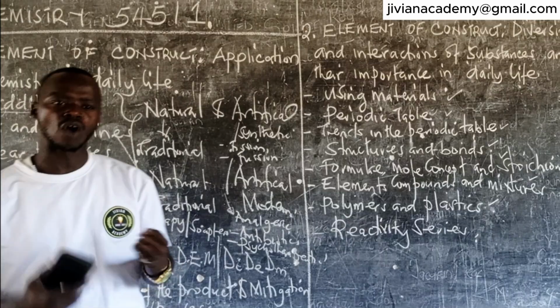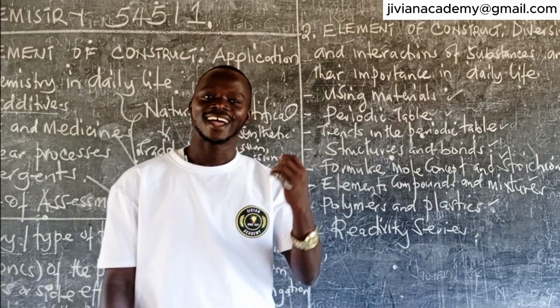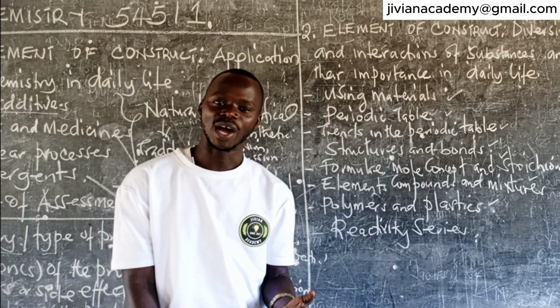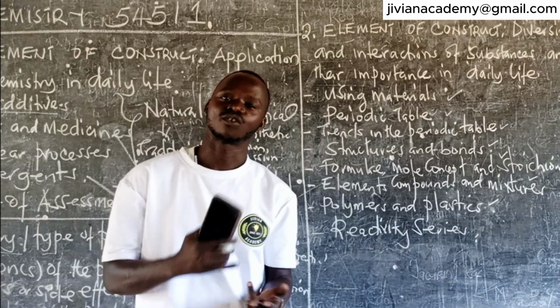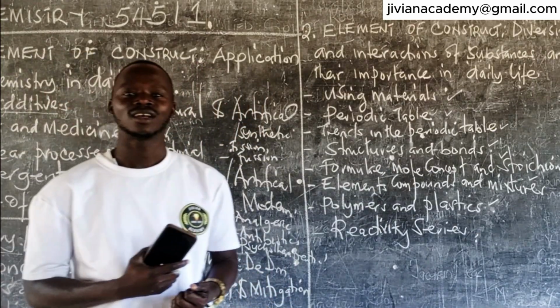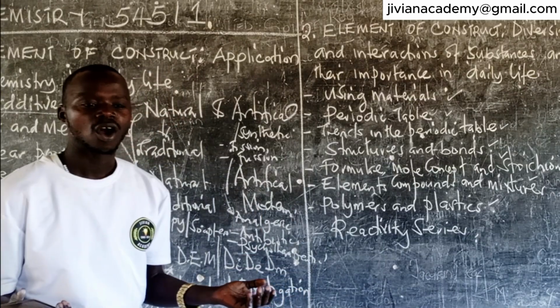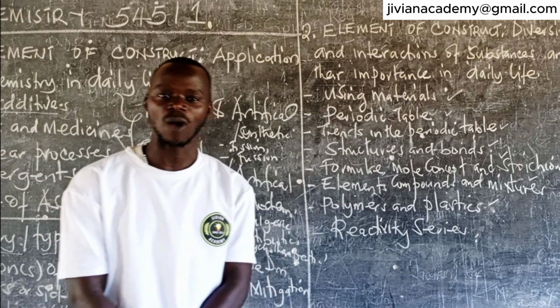maybe the manufacture of oxygen gas, extraction of metals. The ones they normally bring, we have extraction of iron, extraction of sodium, extraction of aluminum. Or the scenario could be on the manufacture of biogas, which is scenario 3 work.